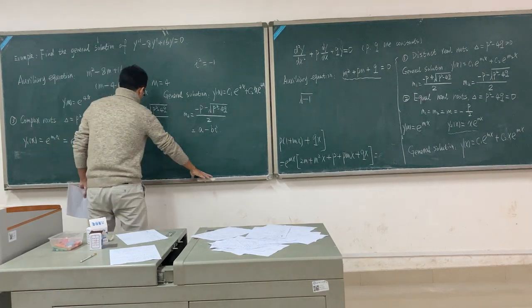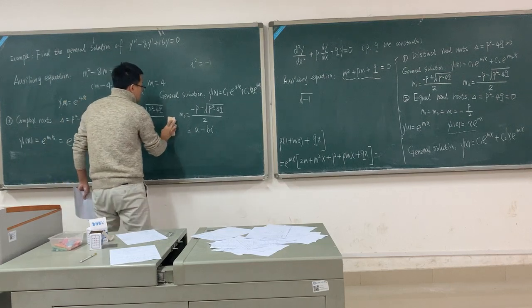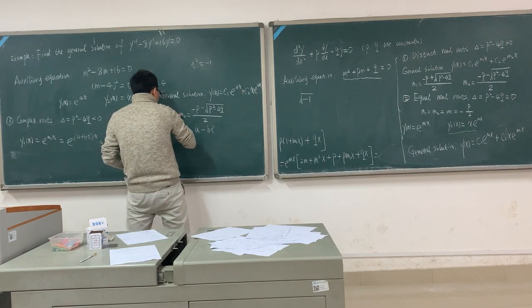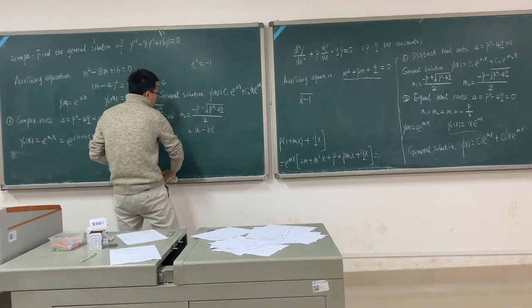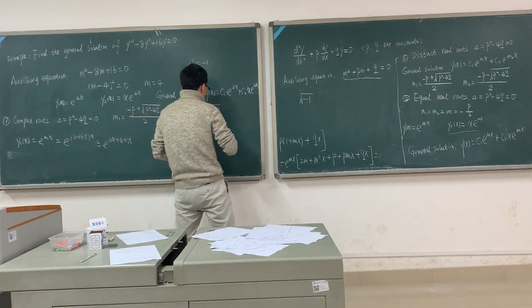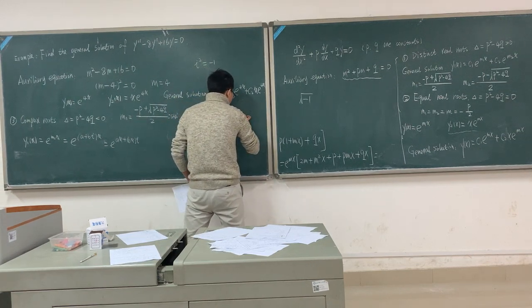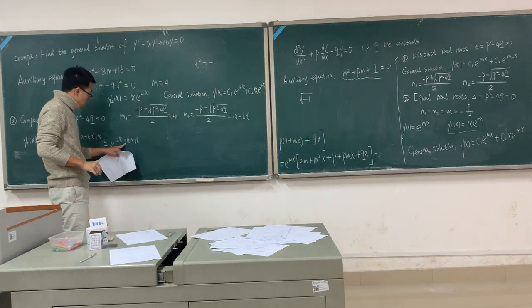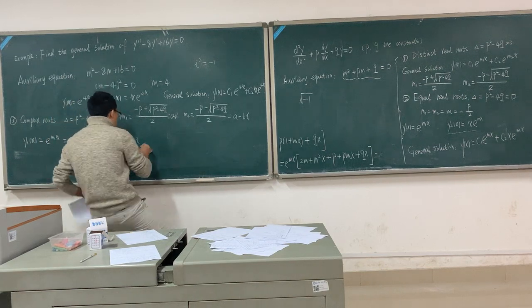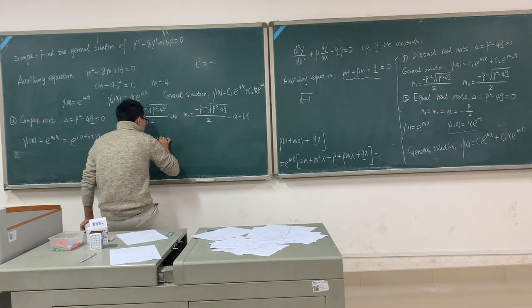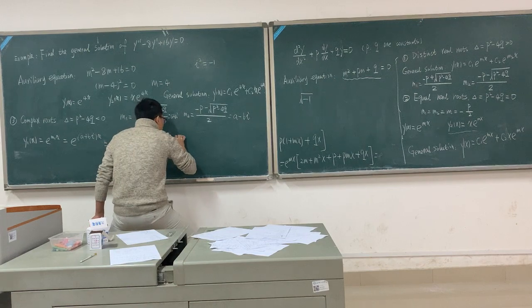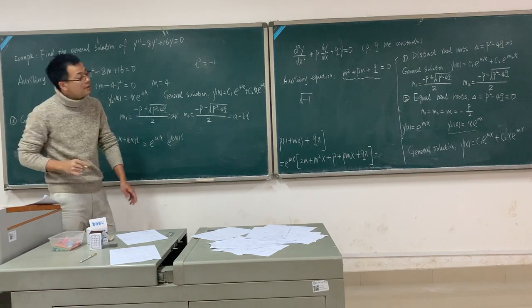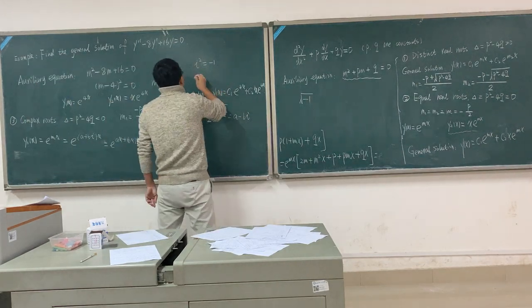Here, this part we denote by a plus bi, and this part by a minus bi. So e to the ax plus bxi is e to the ax times e to the bxi.